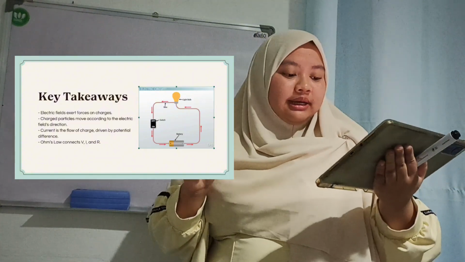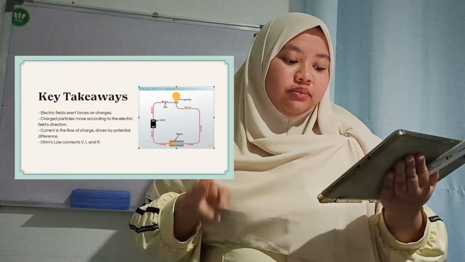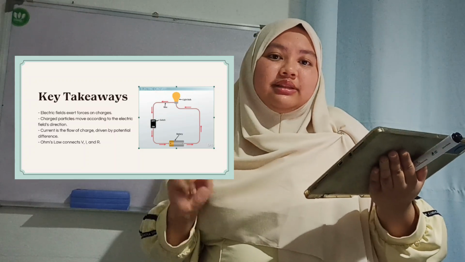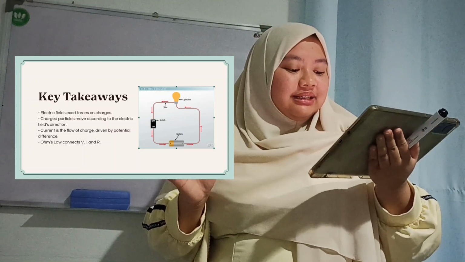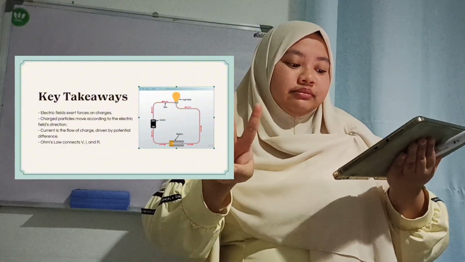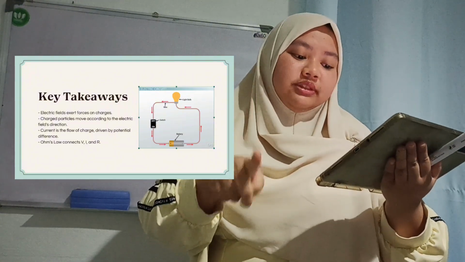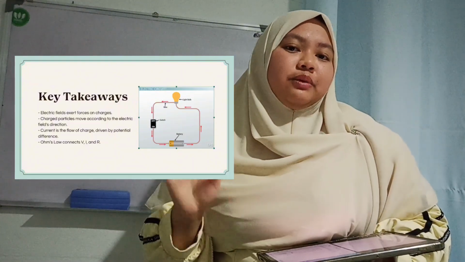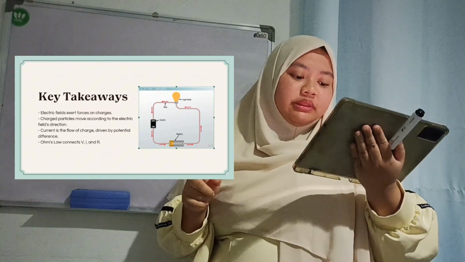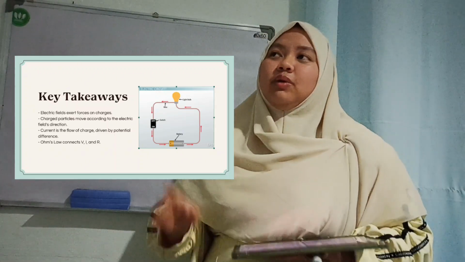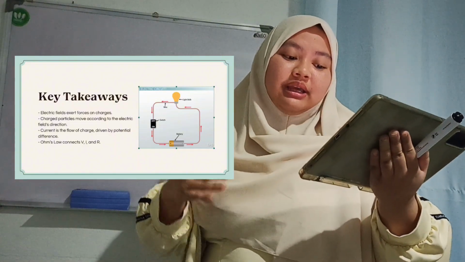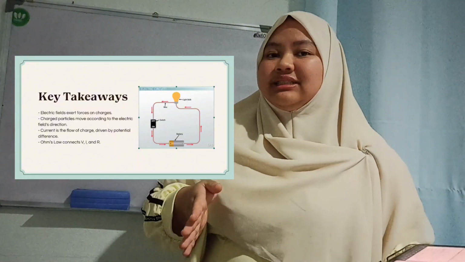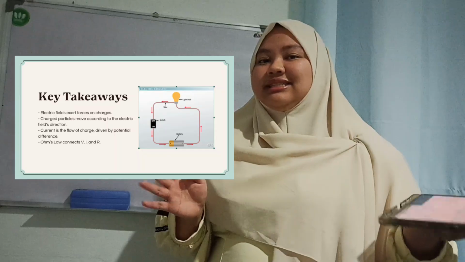Second, charged particles move according to the electric field direction, which is positive and negative. Third, current is the flow of charge driven by potential difference. Finally, what we just learned is Ohm's law, which connects voltage, amperes, and resistance.